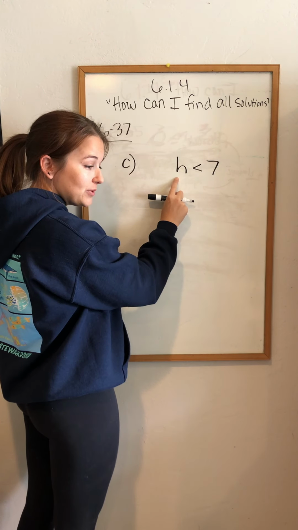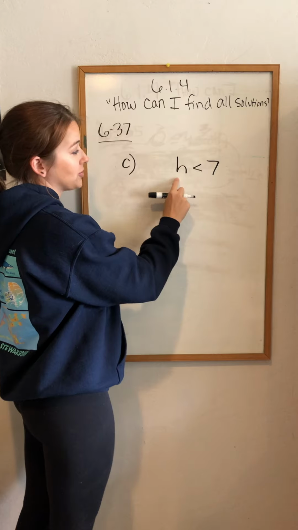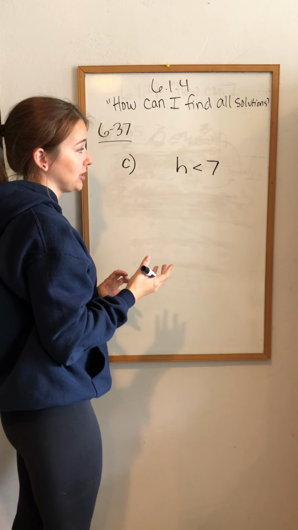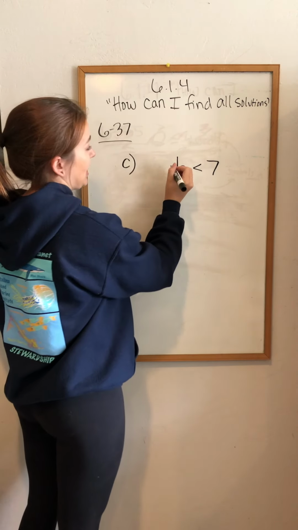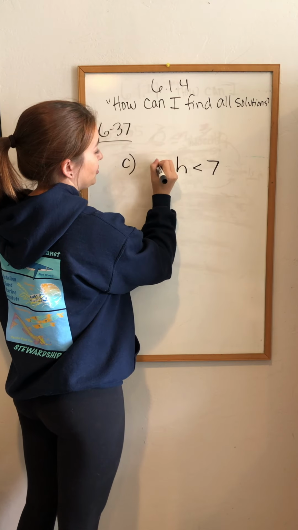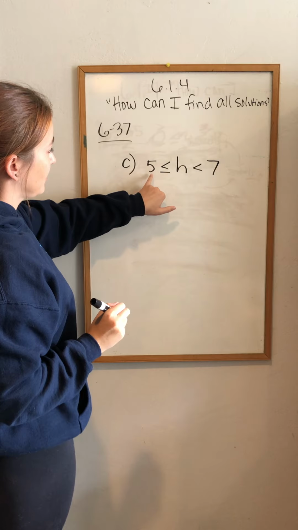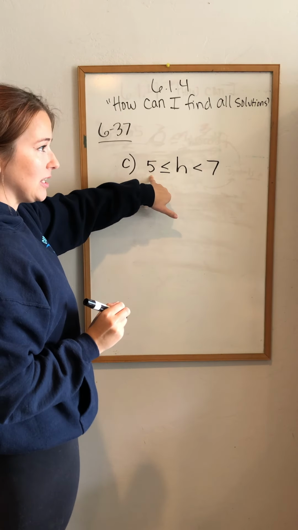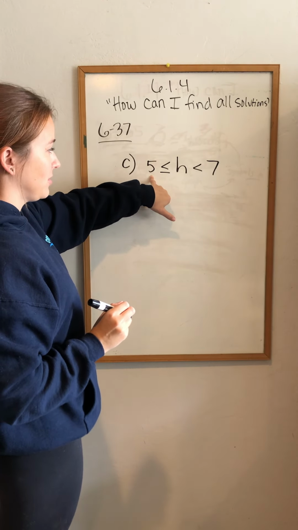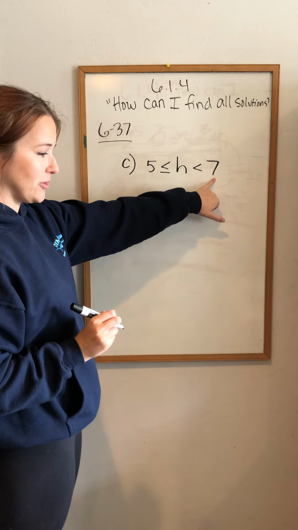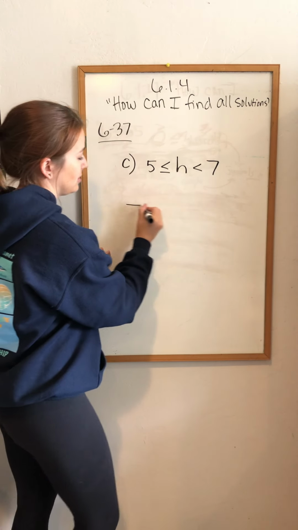And then you have to be at least 5 feet tall. So 5 feet is gonna be included here. So I am going to put a less than or equal to 5. So this just means that 5 is going to be your boundary point, and 7 is going to be your boundary point. So there's 2 boundary points here.